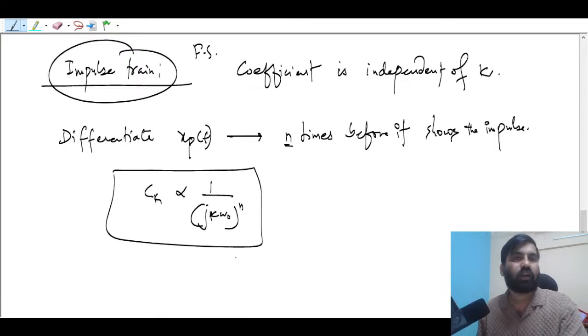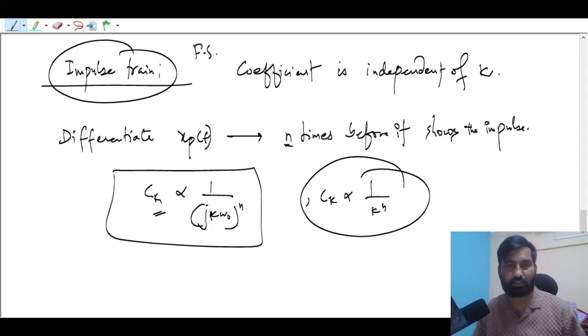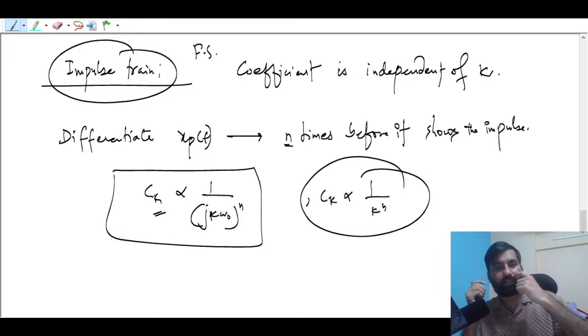From the derivative property, this term will be present in ck. So now you see your ck is proportional to 1 by k to the power n, if you ignore j and omega naught. Thus your ck decays as 1 by k to the power n.